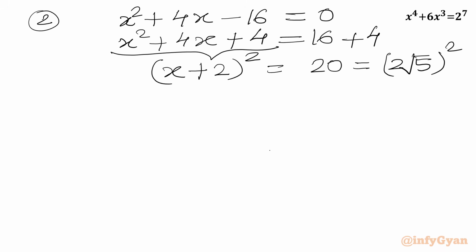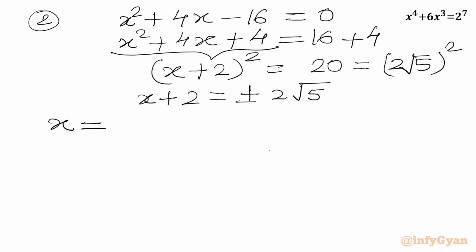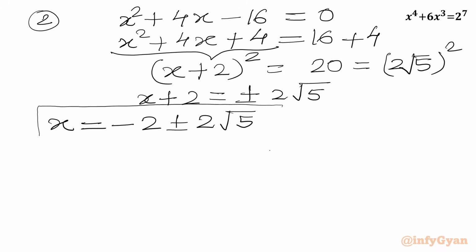Now we will take a square root on both sides and we will get x plus 2 equal to plus minus 2 square root 5. By subtracting 2 from both sides, we are going to get two real solutions this time. Minus 2 plus minus 2 square root 5. So we have two real solutions, minus 2 plus 2 square root 5 and minus 2 minus 2 square root 5.